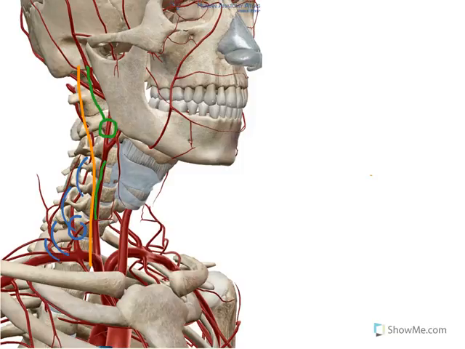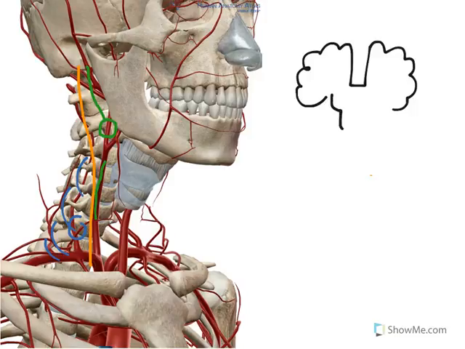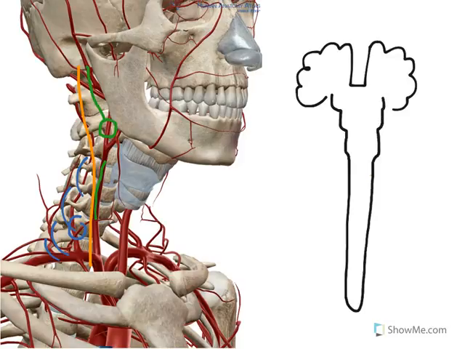So now let's look at these in a little bit more detail as they emerge from the central nervous system. So here's a very quick cartoon drawing of the central nervous system. So I've drawn there the cerebral hemispheres. This is the spinal cord, and this is the brainstem that I've drawn there.